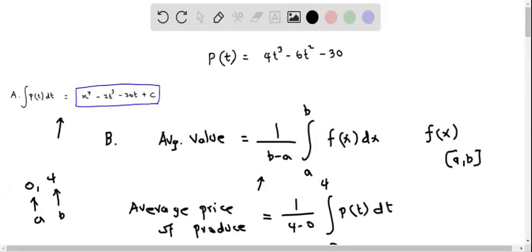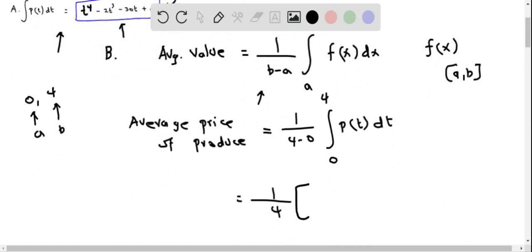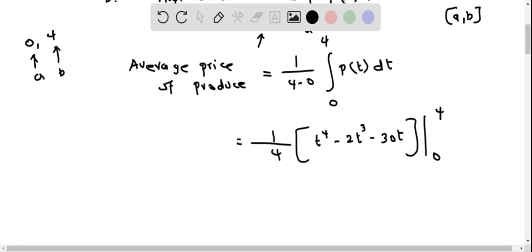We have already found the antiderivative of p of t, which is t to the power 4 minus 2t cubed minus 30t, and this must be evaluated within the interval from 0 to 4. That is, the lower limit is 0 and the upper limit is 4.